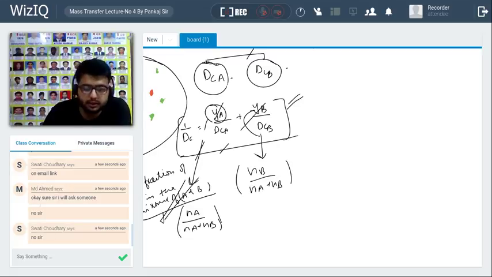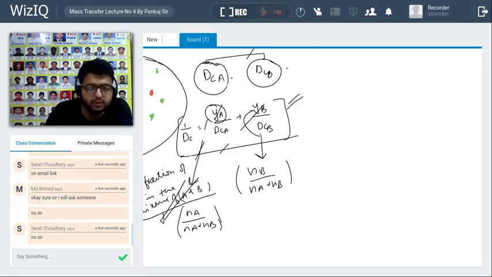The question that Ahmed and Abhay did, they took YA, that is the mole fraction of A, including C. Similarly, YB including C. That's why the answer was coming wrong.